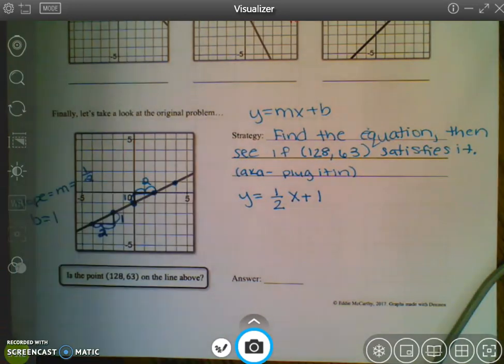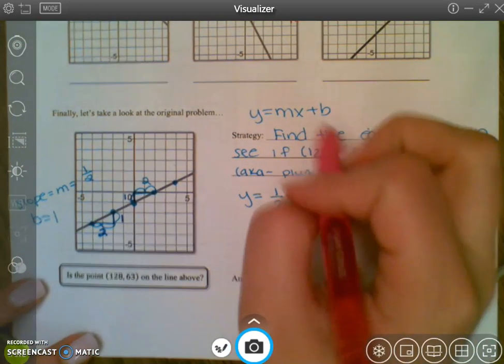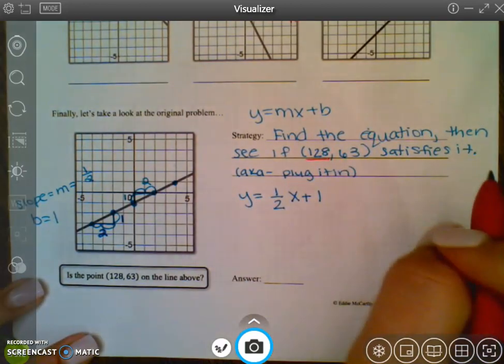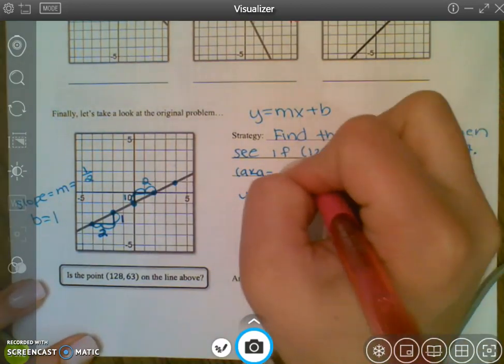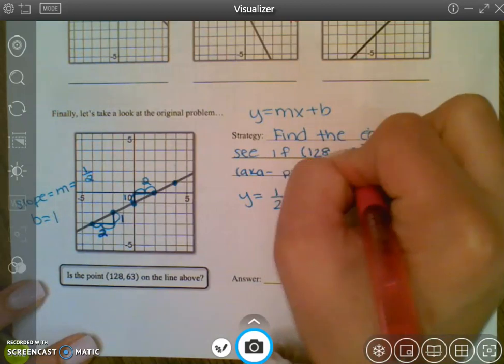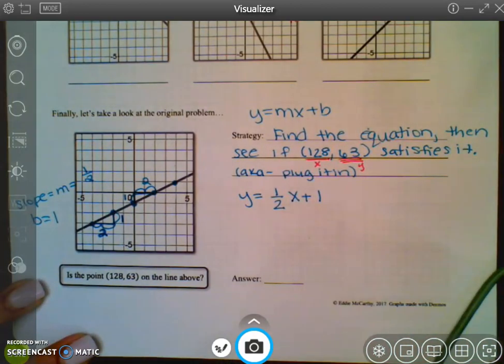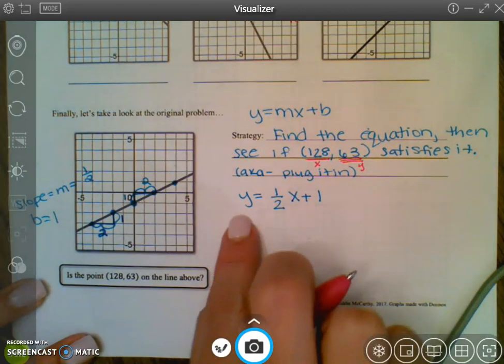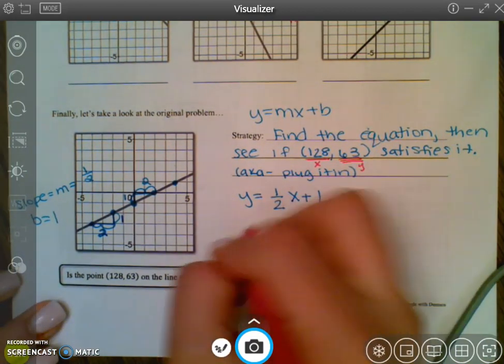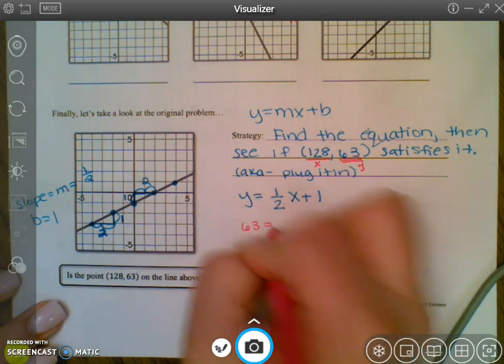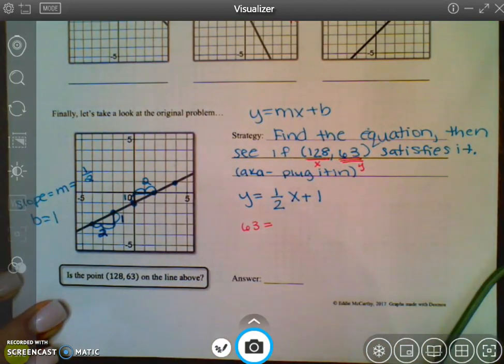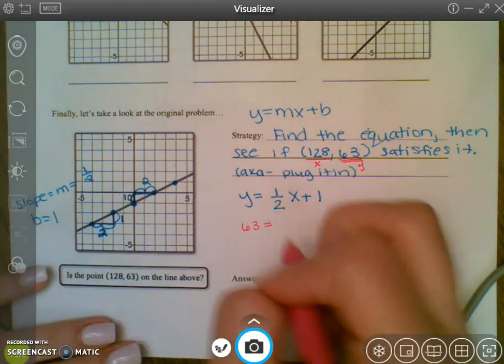Okay, and then I need to plug it in. What that means is this right here is going in for the x in the problem, and this right here is going in for the y of the problem because points are (x, y). So instead of y equals, it's going to be 63 equals, and we did this a long time ago. We called it checking solutions. I don't remember if you'll remember that, but it was, I don't know, January, February. It was a long time ago.